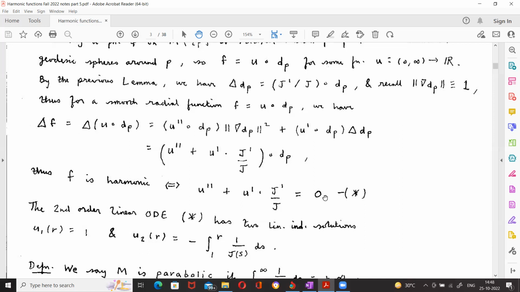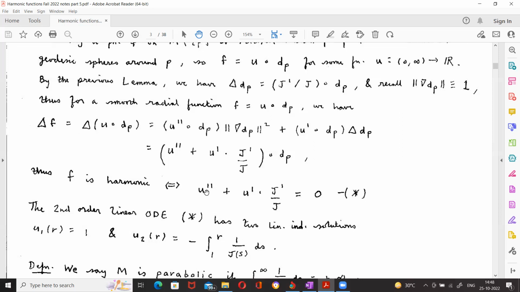So the Laplacian, which was a second order differential operator, once you look at it acting on radial functions, which are functions of one variable, that space of functions is invariant under a second order operator. So naturally that operator should turn into a differential operator of order 2 in one variable.